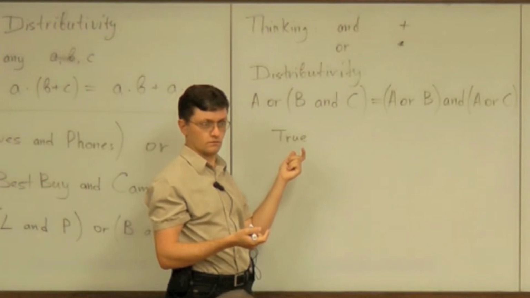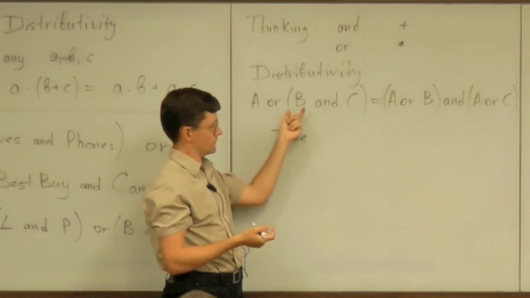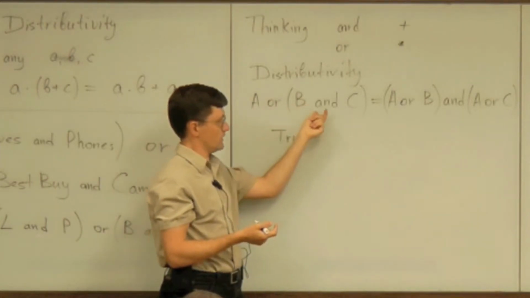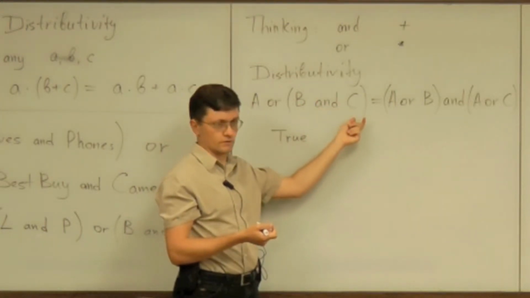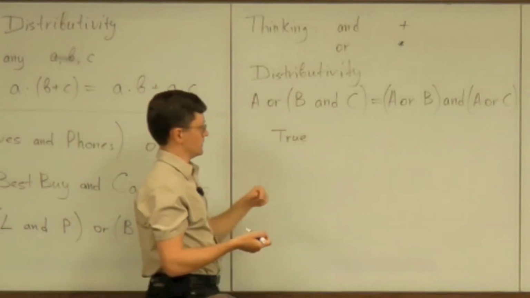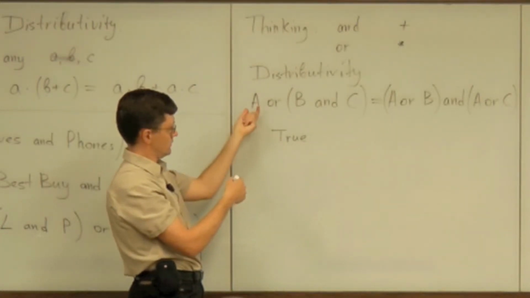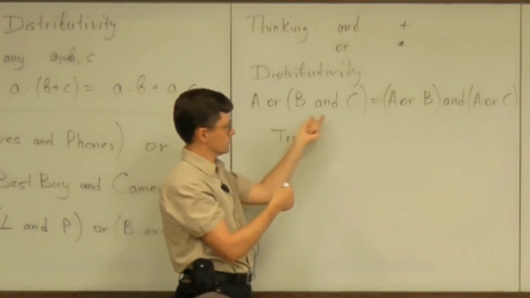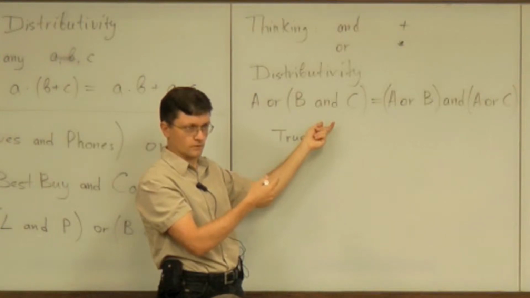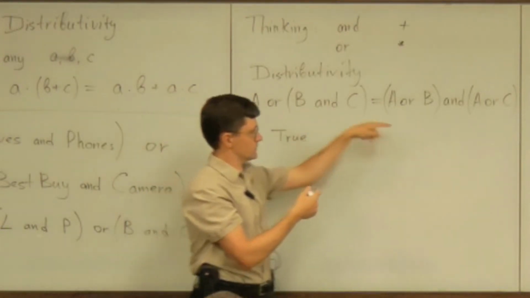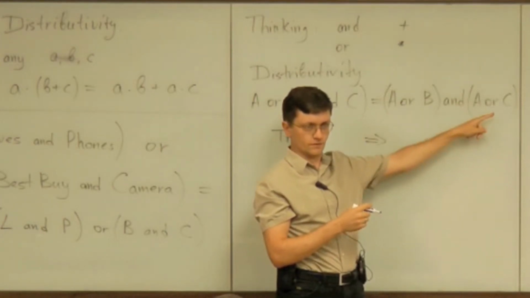Them combined together with the operator is true. Yes, but if we know that B and C is true, we know that B is true and C is true, right? Okay, so true here on the left means A is true, or these together, both of them are true. Now let's see if that implies truthful statement on the right.